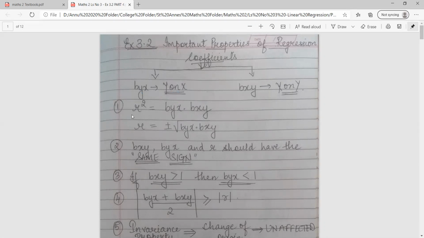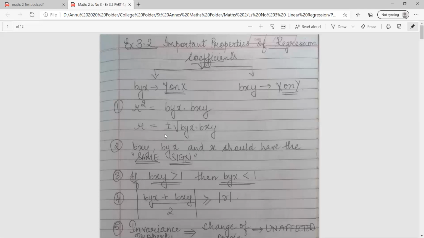The very first property of regression coefficients with respect to the correlation coefficient, that is small r: r square is equal to byx into bxy. So class, if I bring this to this side, it will become raised to 1 upon 2, and as you all know, raised to 1 upon 2 is nothing but square root, and square root can be both plus as well as minus.